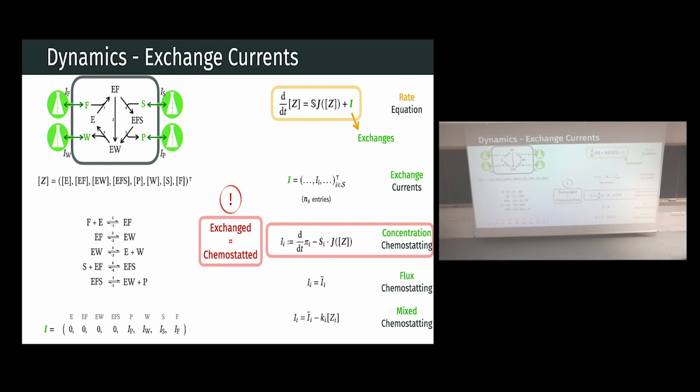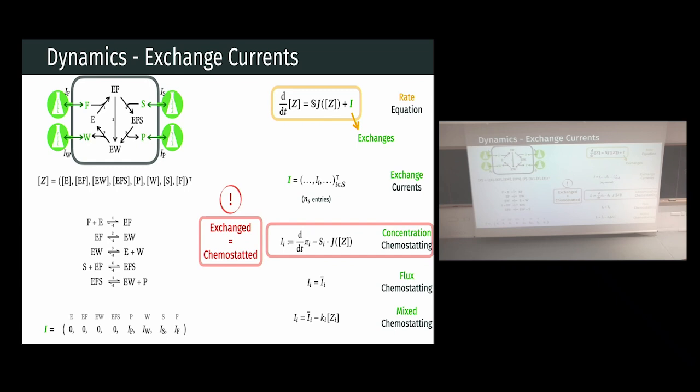Okay, so this is the dynamical system we are dealing with. Let me stress it again. Z is the vector of the concentrations of all the species. The product between S and J gives us the variation to the concentrations due to the chemical reactions. J is the rate of the reactions, and S encodes the variation in terms of number of molecules every time a reaction occurs.